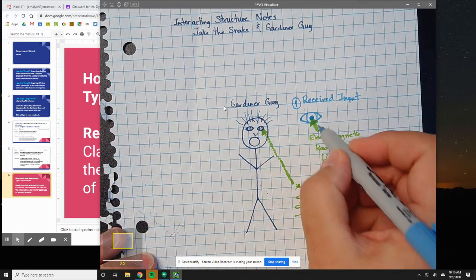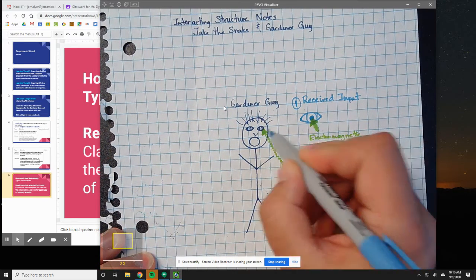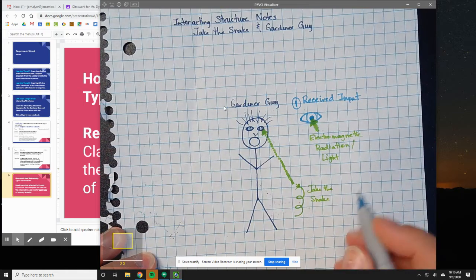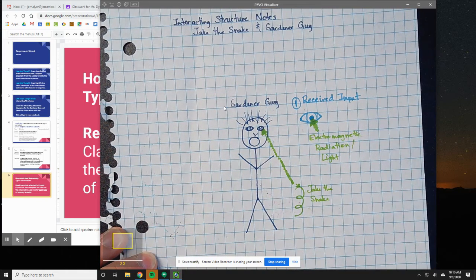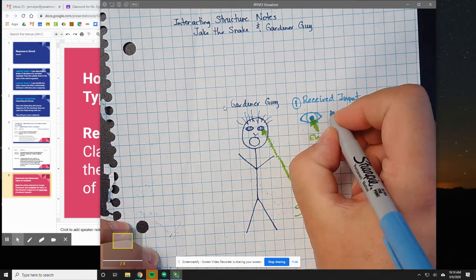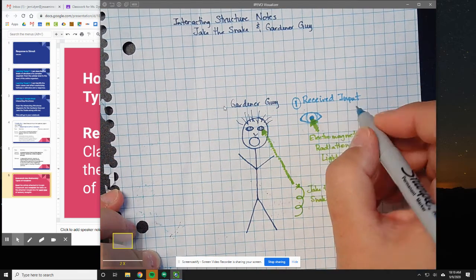The electromagnetic radiation enters the gardener guy's eye through the pupil, and it's going to hit receptors back there. You're going to read about that, and so you're going to find out a little bit more about what happens as the eye takes in this kind of signal or this kind of stimulus in your reading tonight, or your reading that you do later on today.